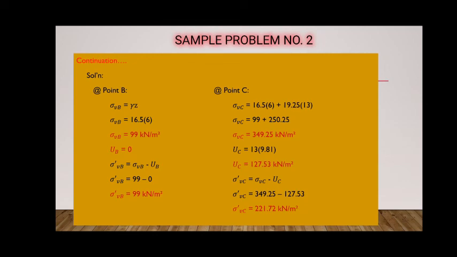So we have 349.25 minus 127.53, which is equal to 221.72 kilonewton per meter squared. So we get our final answers at point A, point B, and point C.